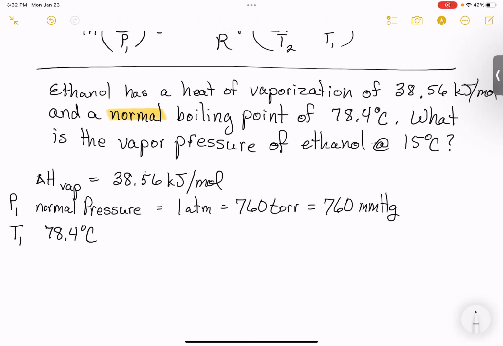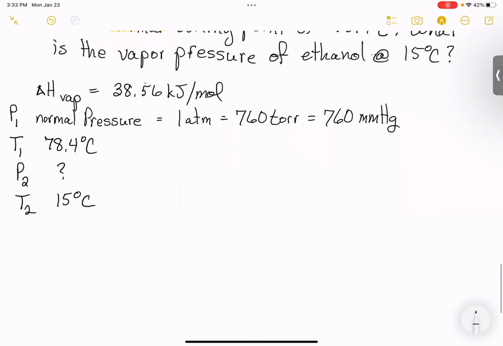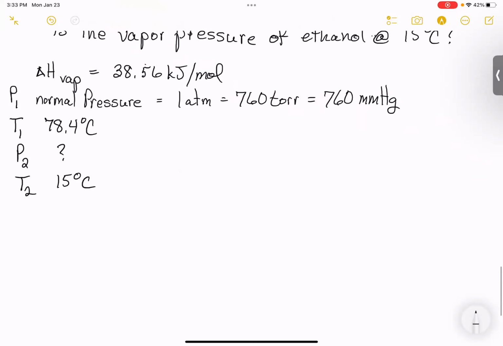And then it asks you for pressure 2 with a new temperature of 15 degrees Celsius. Because I see this delta H of vaporization come into play, that is my clue that I will be using the Clausius-Clapeyron equation.